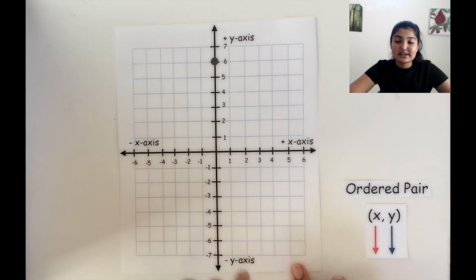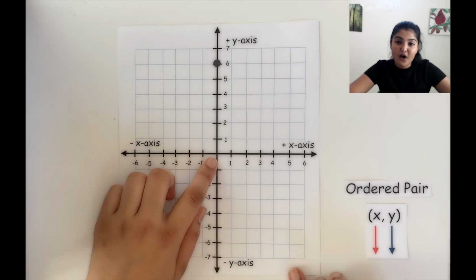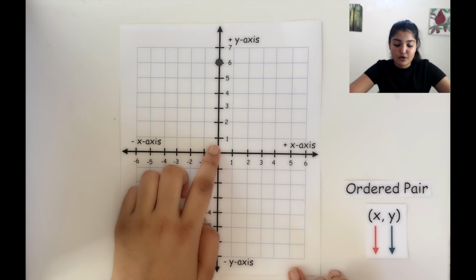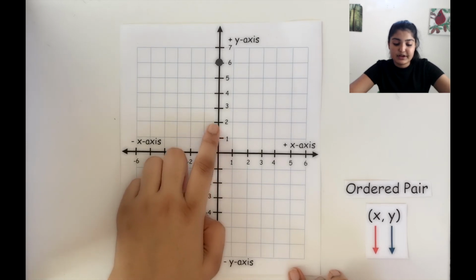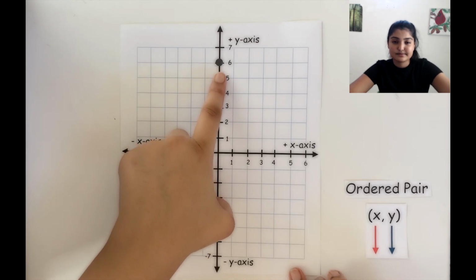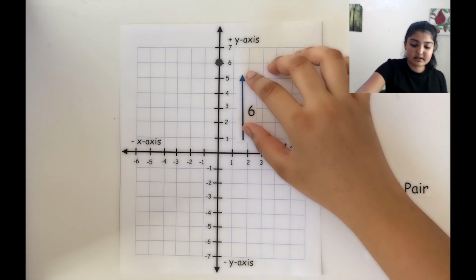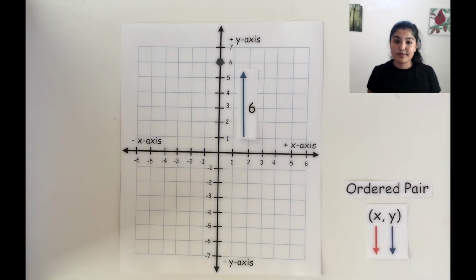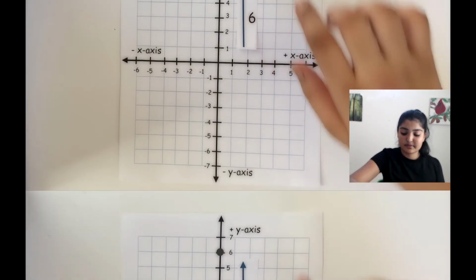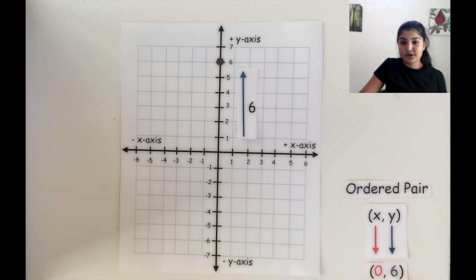So we move 0 units horizontally. Well, how far do we move vertically? Let's count. 1, 2, 3, 4, 5, 6. So we would move 6 units up in the positive direction towards the positive y-axis. This gives us the ordered pair of 0, 6.